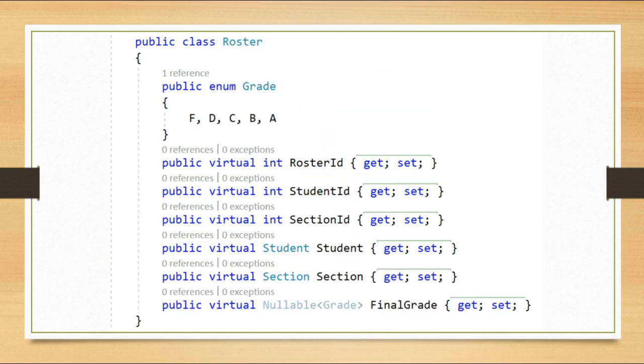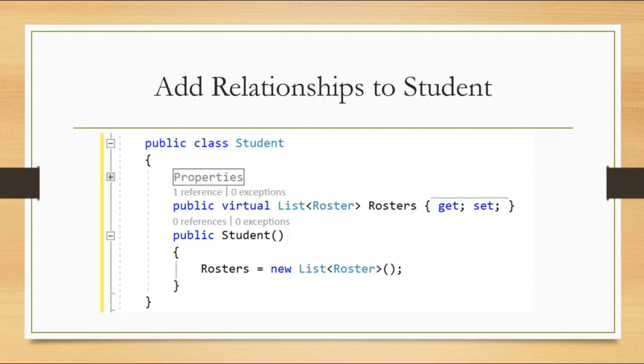And a roster is one student in one section. So we have a student ID, a section ID, and then we have objects for student and section, and we have a nullable grade, which is an enum up here for final grade. And then we add some relationships, one to student, because a student can be in multiple rosters. I hid the properties.